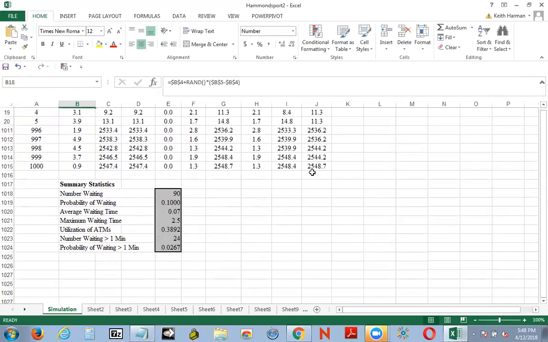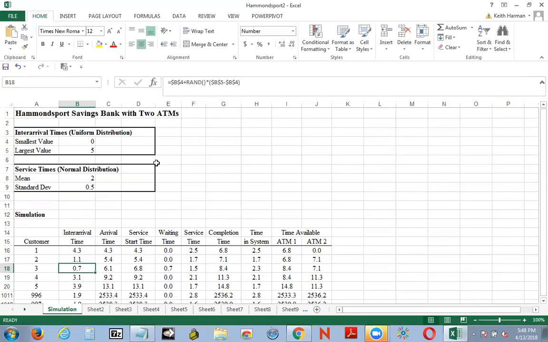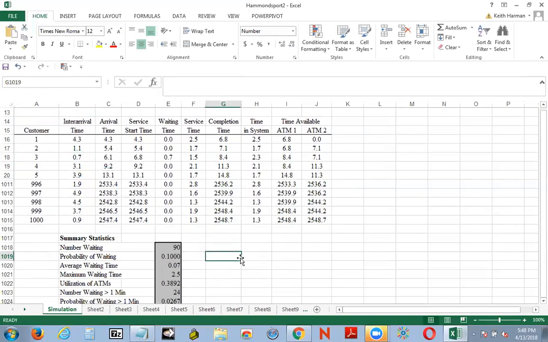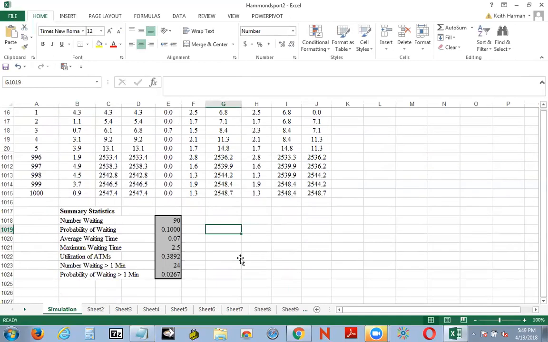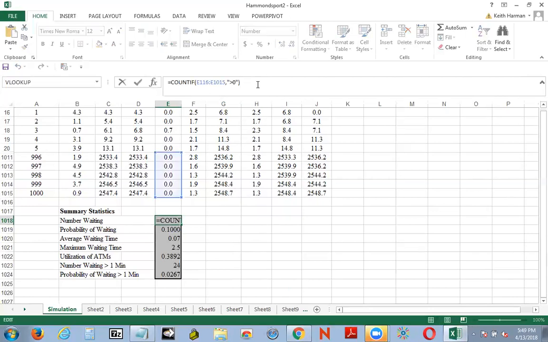Now, at the end of all this, because we assume up here that the enter arrival times are normally distributed, we can then go ahead and count and get the number waiting. Here we use a COUNTIF, E116 to E105 greater than 0, and we count them.